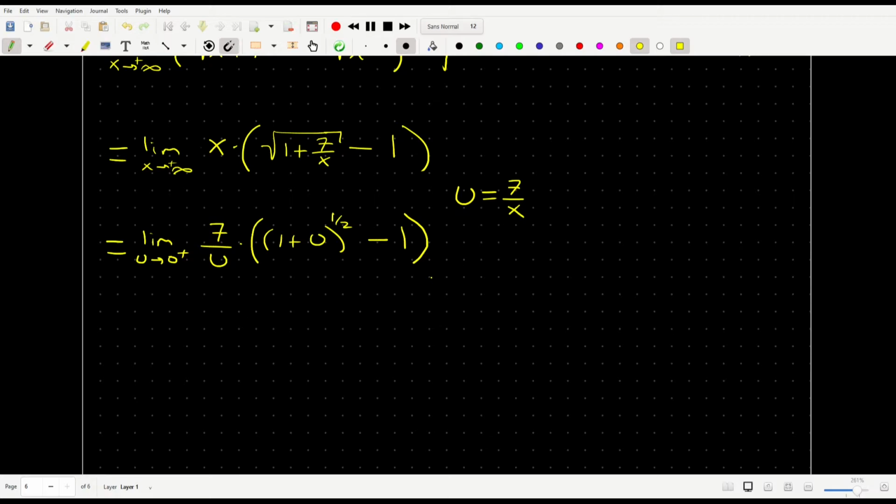And 1 plus u to the 1/2 is directly in the proper form for applying the binomial series expansion.